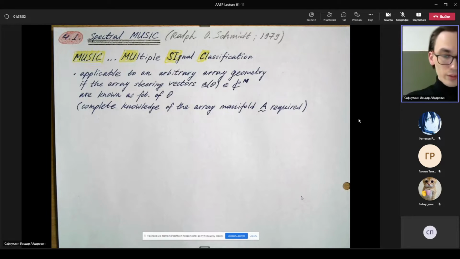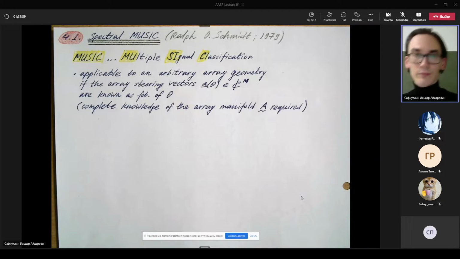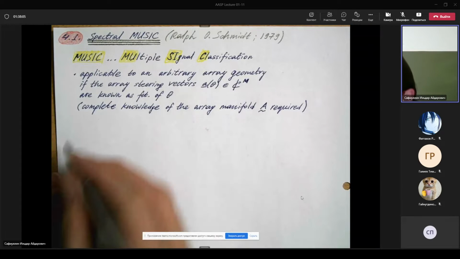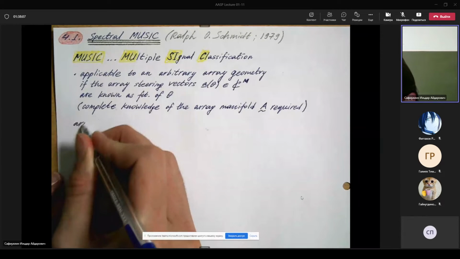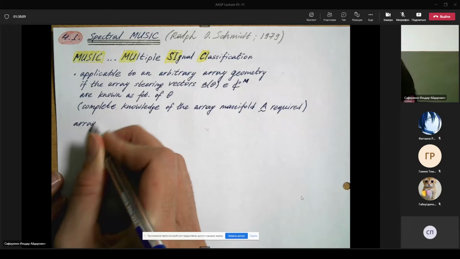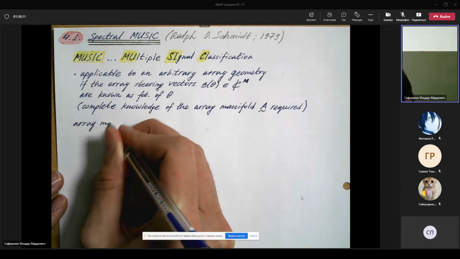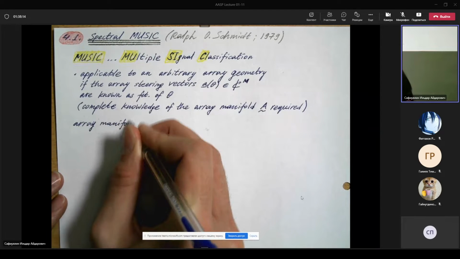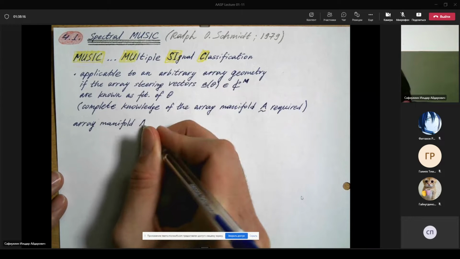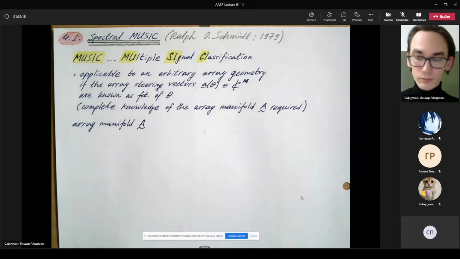So what is this array manifold? It is the combination of all these array steering vectors, but correctly it is called the array manifold, capital A.